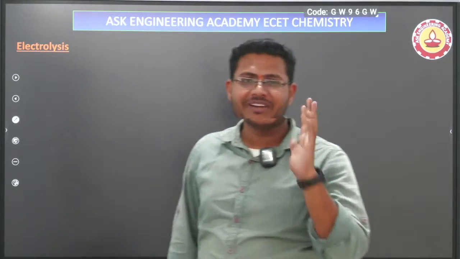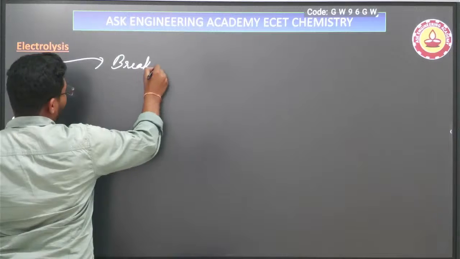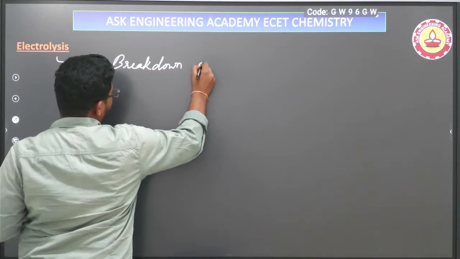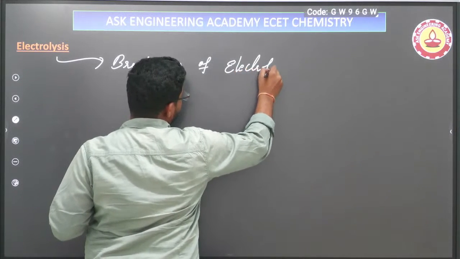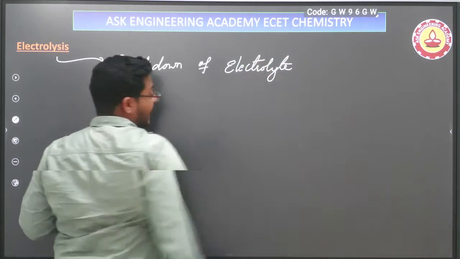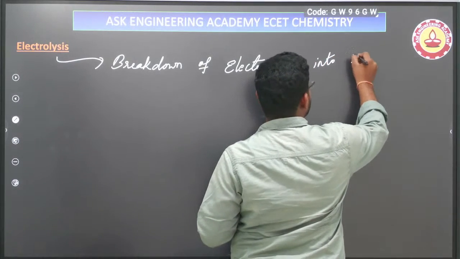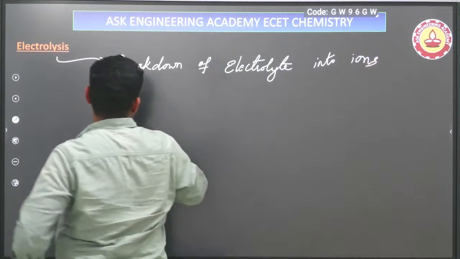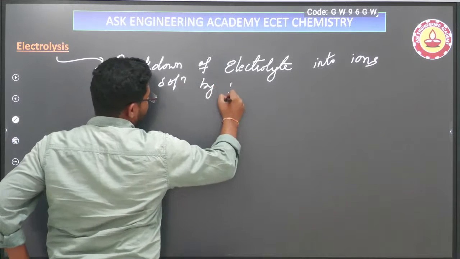Now, what is meant by electrolysis? Electrolysis is a very simple process. It is the process of breakdown of electrolyte into ions in solution by passing electric current.